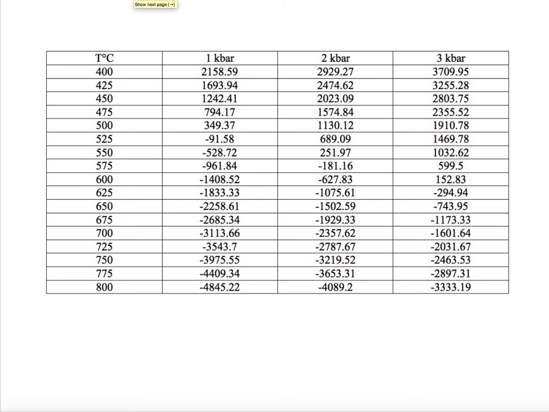It is up to you, you can put the temperature on the x-axis and the values for the Gibbs free energy on the y-axis. That is the table for that. And you know, if you have a steep reaction curve, then it is a good thermometer, and if you have a flat reaction curve, then it is a good barometer.